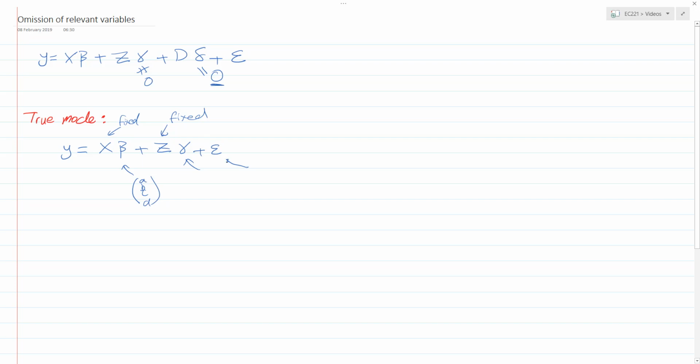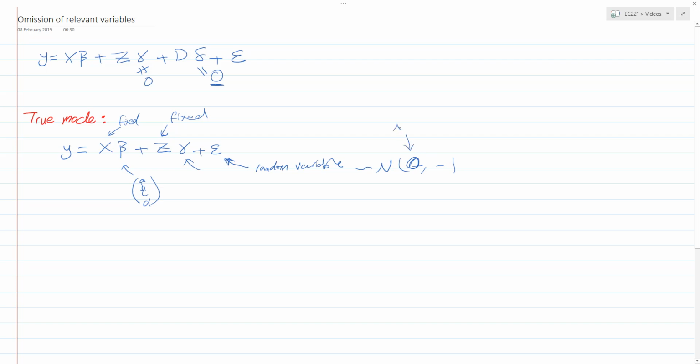Epsilon, on the other hand, is a random variable, which we will assume is normally distributed with some mean and variance. I mean, we know what they are, so the mean is going to be 0, according to our assumptions.